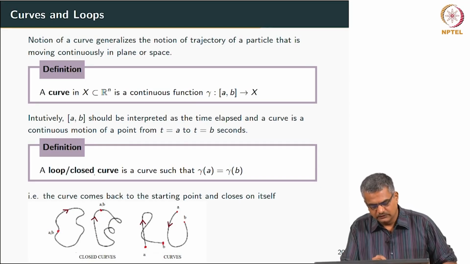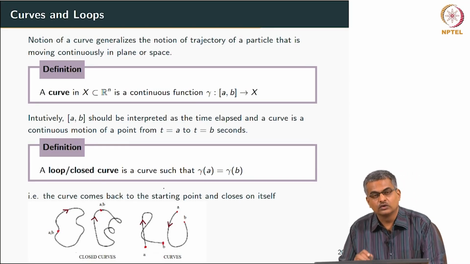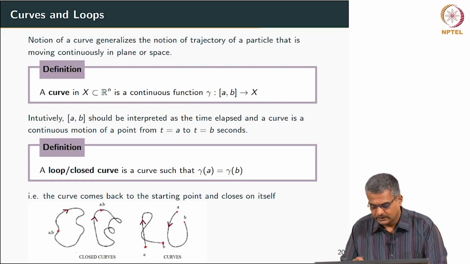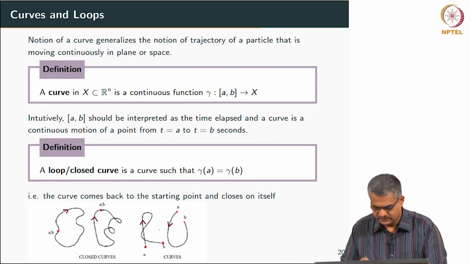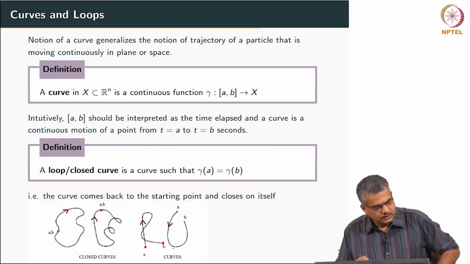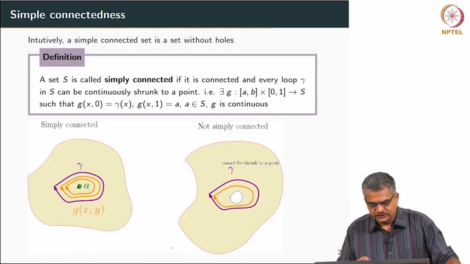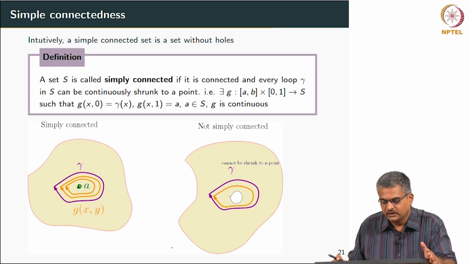A closed curve or loop is such that the start point and the end point of the curve are the same. Here we have examples of closed curves, and these are just curves, which are not closed.